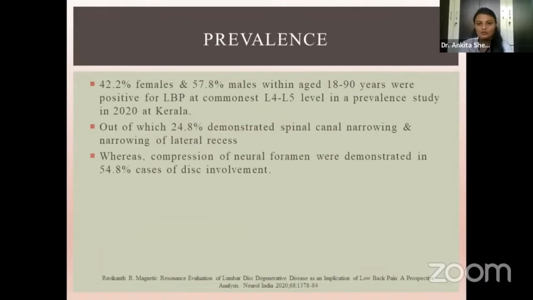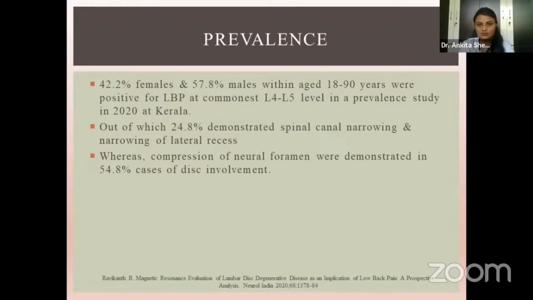Now moving forward, let's see why this topic is so important for this discussion. A study done in Kerala in 2020 showed that 42.2% females and 57.8% males within the age group of 18 to 90 years were positive for low back pain at the commonest L4, L5 level.